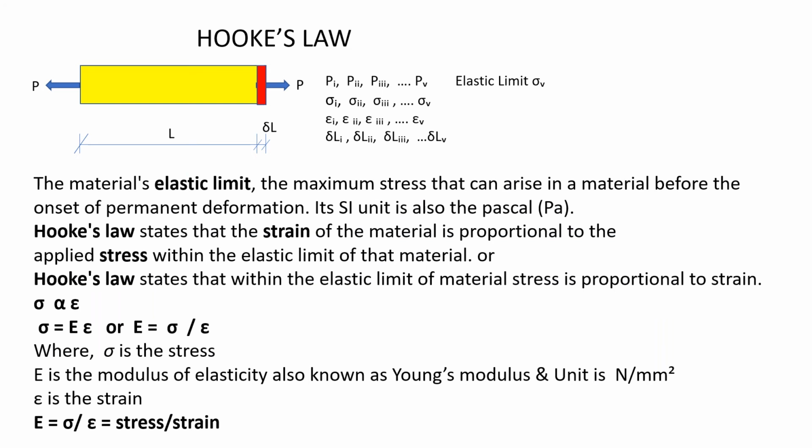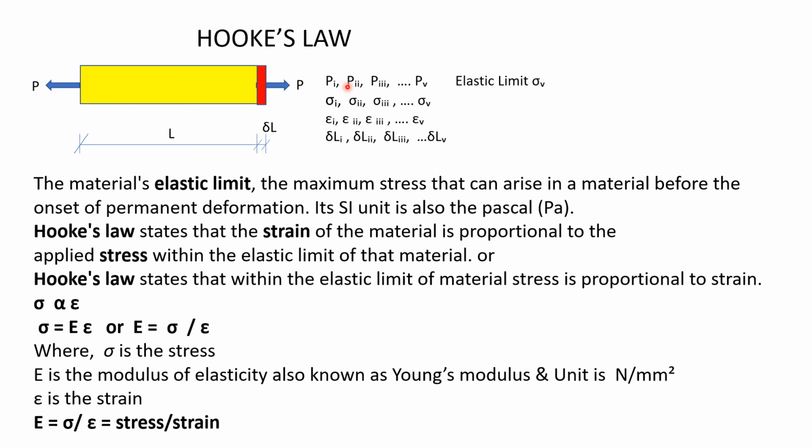Now let us come to Hooke's law. Before we start with Hooke's law, we have to understand what the elastic limit is. So this is a rod here, and I am applying a tensile force P here and P here. This is the original length, and this is a tensile force, so there is an increase in length delta L due to the force P. Now if I increase this force P to say P1, then the stress will become sigma 1, the corresponding strain will be epsilon 1, and the corresponding increase in length will be delta L1.